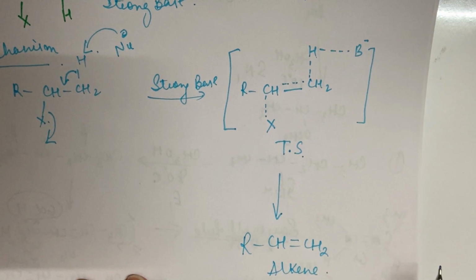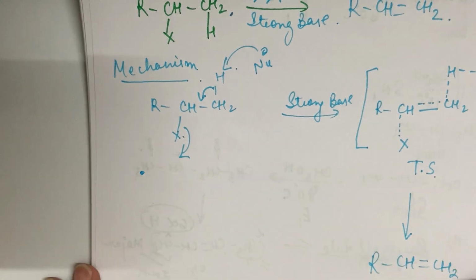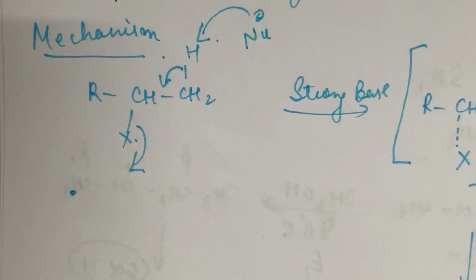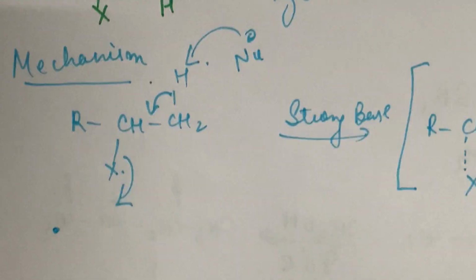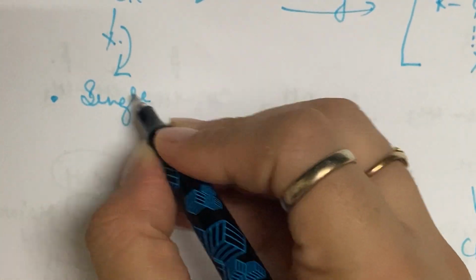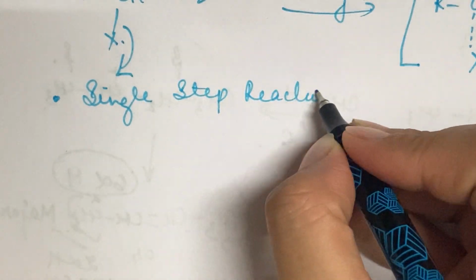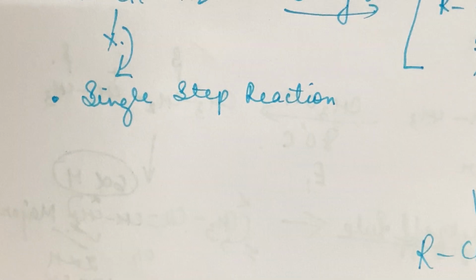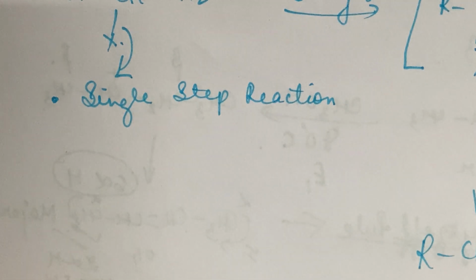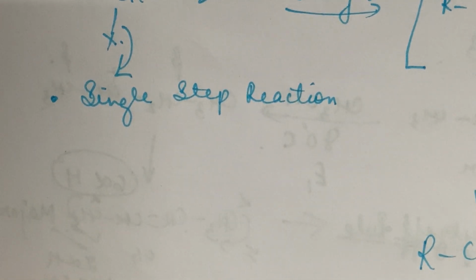Okay, so you can write some points about this type of reaction. It's a single step reaction, and in the single step reaction both base and nucleophile as well as your RX are involved.